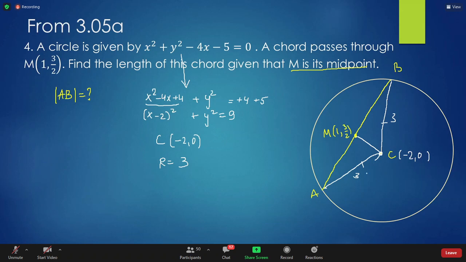M is the midpoint, it splits the segment AB in half. So what of that? So what is that CM is perpendicular to the chord AB. How do we know that? That's because ABC is an isosceles triangle.